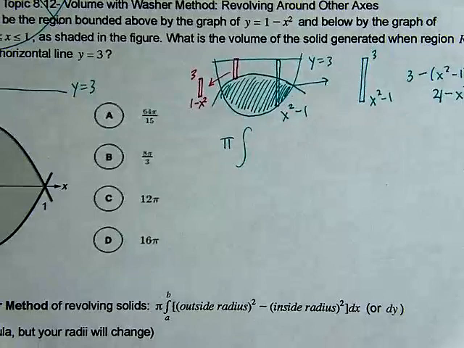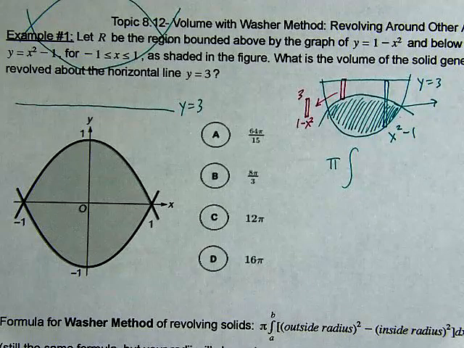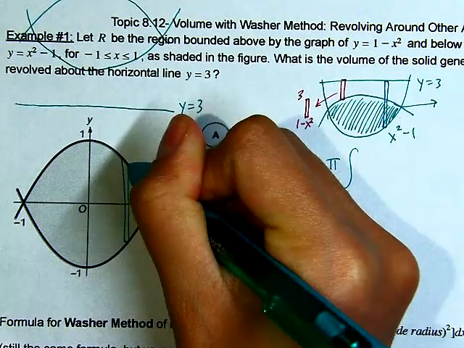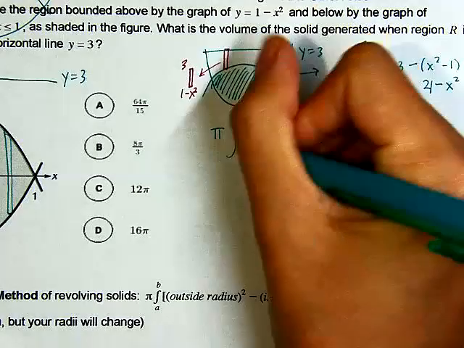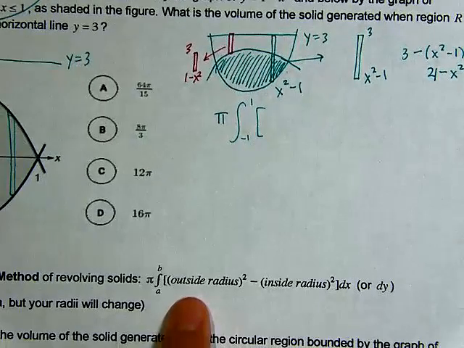So my slices are vertical. I am rotating around a horizontal line, so I do need to have the x values as my boundary. So -1 to 1. Now I'm going to go ahead and follow this formula.